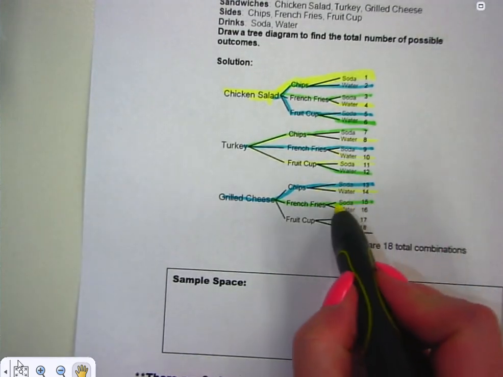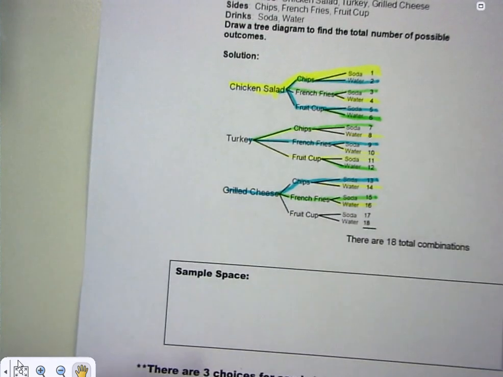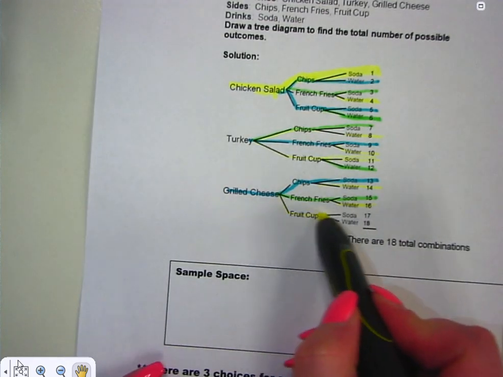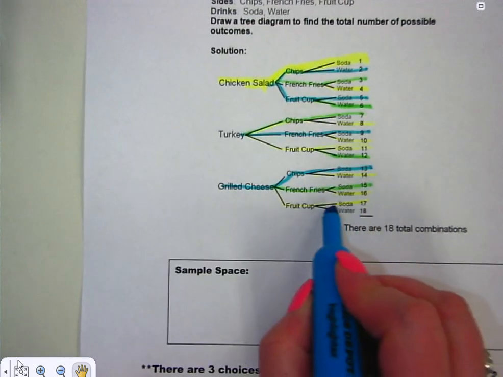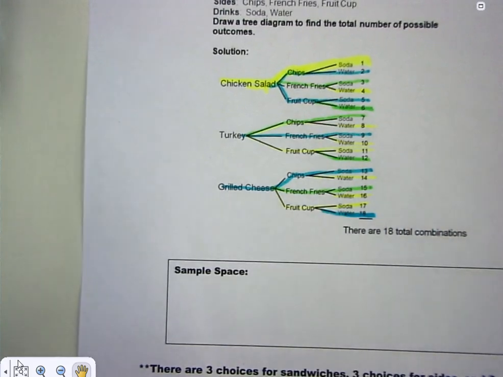Grilled cheese, french fries, and water. Or grilled cheese, fruit cup, soda. Grilled cheese, fruit cup, and water. There are 18 total combinations.